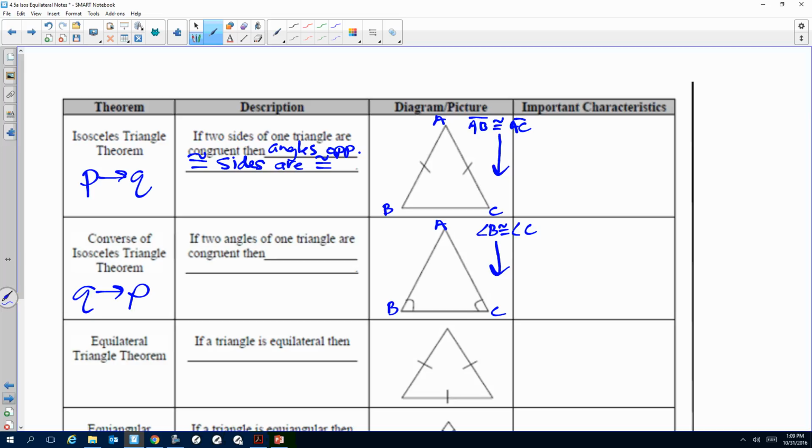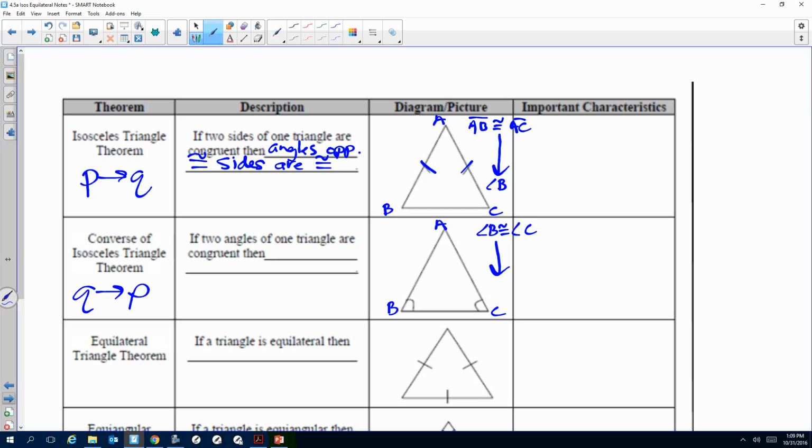Meaning, if you see these tick marks, this was given to you. You have to be given the tick marks to know you have 2 sides congruent. The 2 sides we have congruent, I wrote up here, side AB is congruent to segment AC. These are our 2 sides. If those are congruent, what conclusion could you draw?